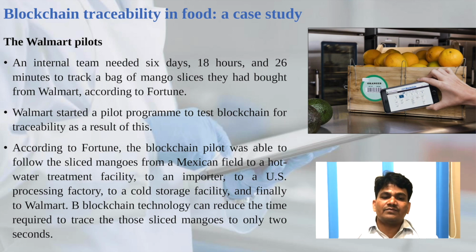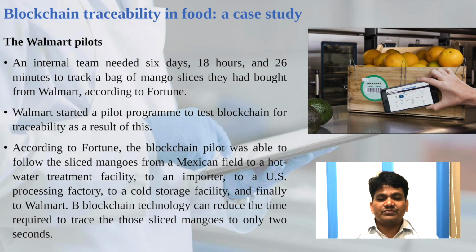Walmart started a pilot program to test blockchain for traceability, and according to Fortune, the blockchain pilot was able to follow the sliced mangoes from a Mexican field to a hot water treatment facility, to an importer, to a US processing factory, to a cold storage facility, and finally to Walmart.